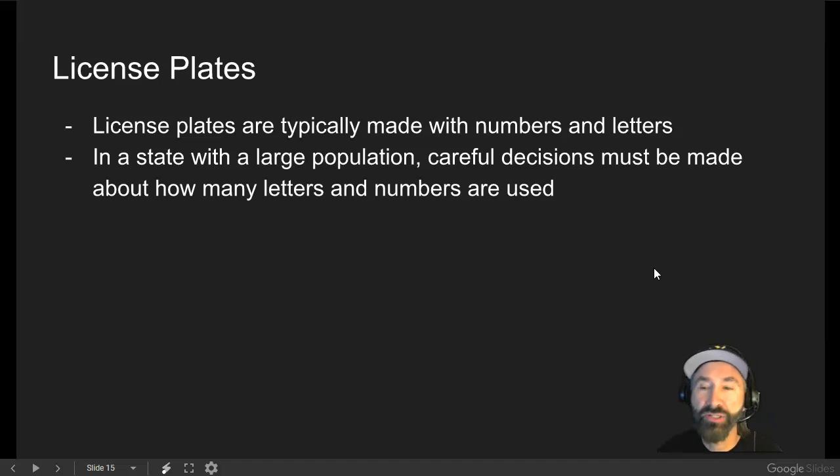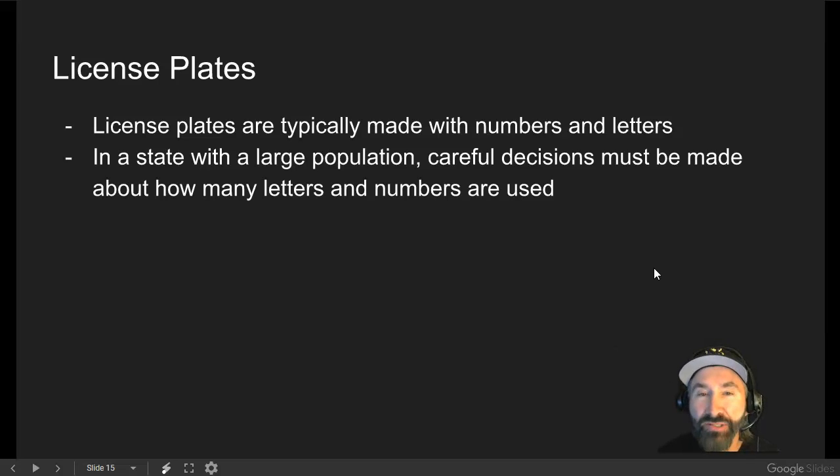When everyone had just regular home telephones, landlines, there was more than enough area codes for all the people in the United States because there was typically just one phone number per family. When cell phones were invented, all of a sudden a family could have multiple phone numbers. And it turned out, especially in areas like Los Angeles, there was way too many phone numbers for the area codes that we had. And as a result, we had to create new area codes just for the cell phones.